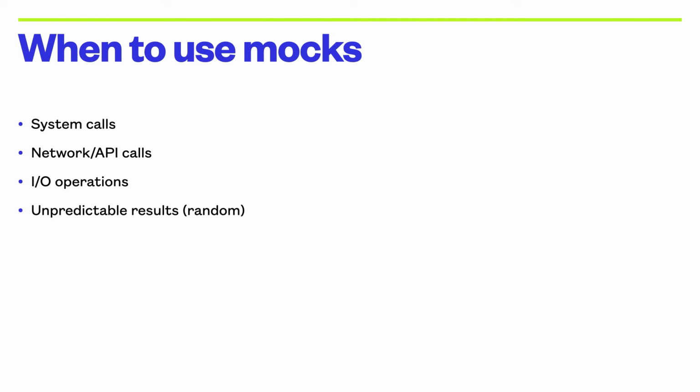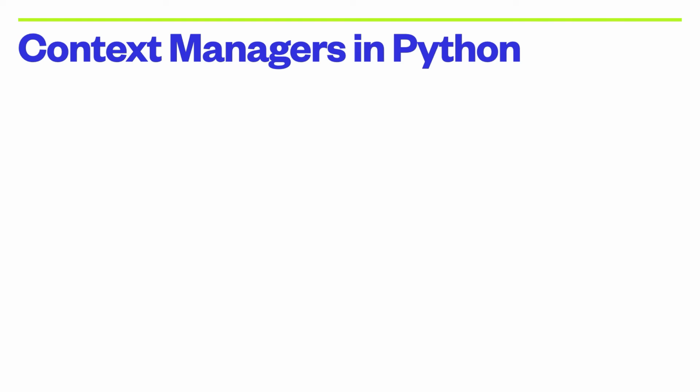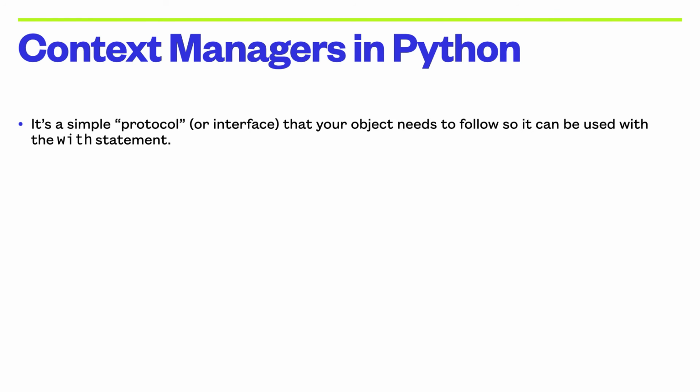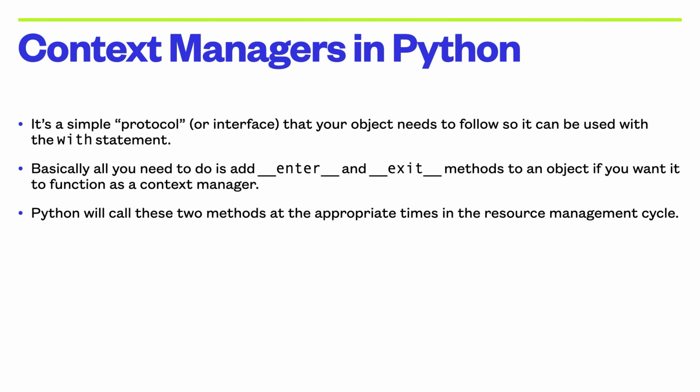Now I'll talk about using context managers. It's a simple protocol that your object needs to follow so it can be used with a with statement. You need to add two methods: one is called dunder enter and the other one is called dunder exit. I'll show you an example.